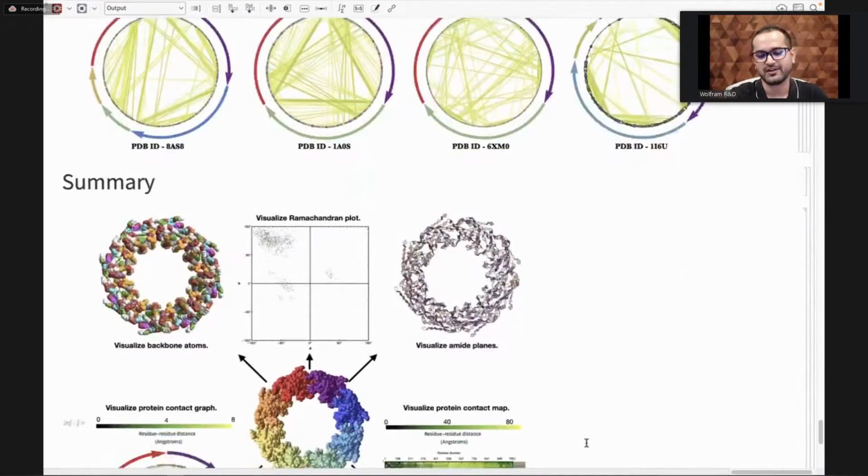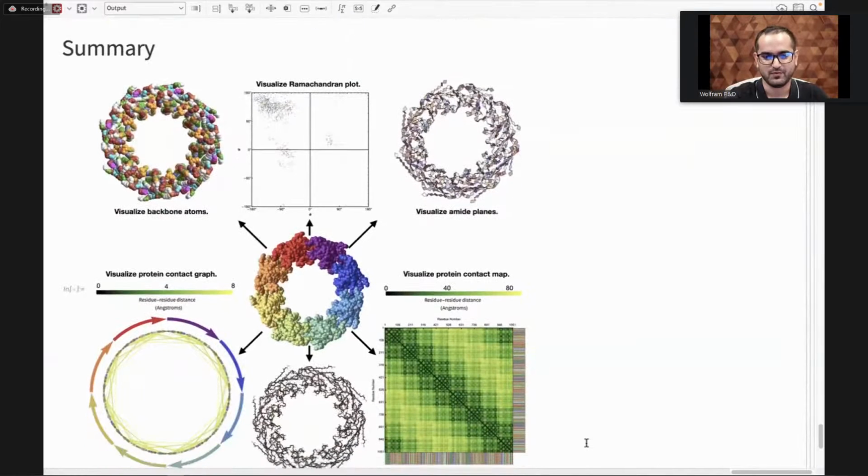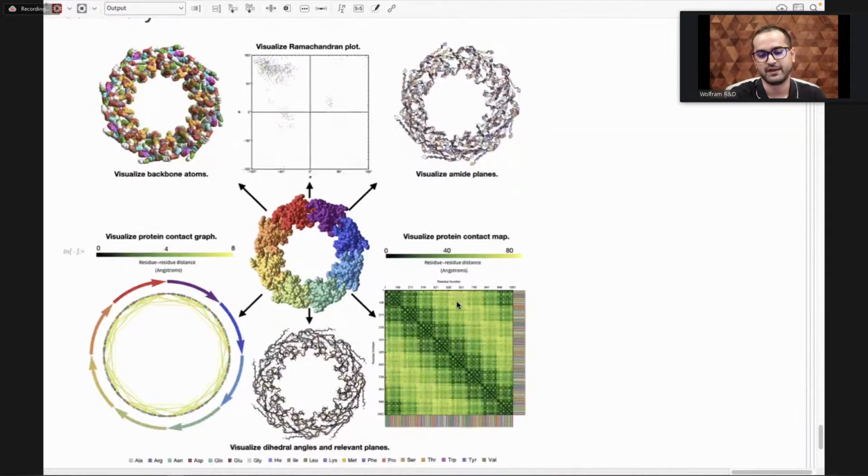So in summary, what I talked about today is, of course, the power of Wolfram Language in not only visualizing proteins, but also amino acids and peptides, and how powerful the language can be itself as a really good tool for educational and research purposes.